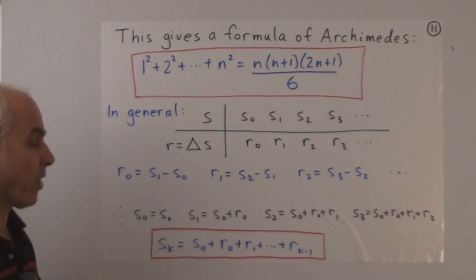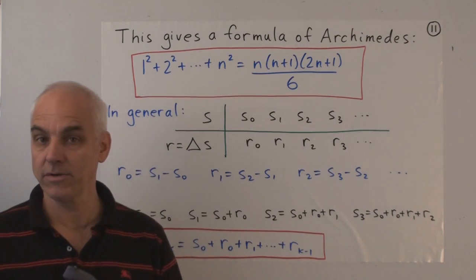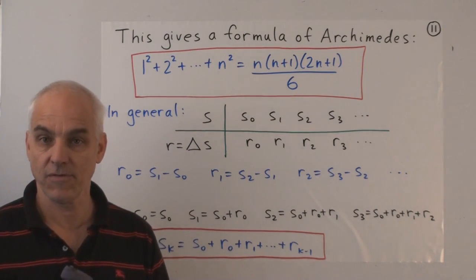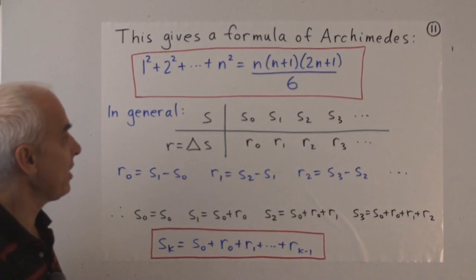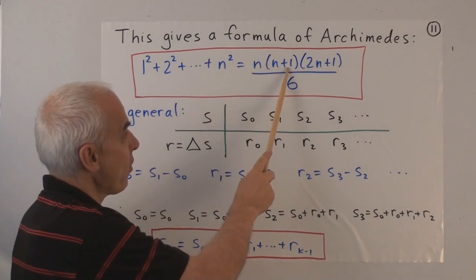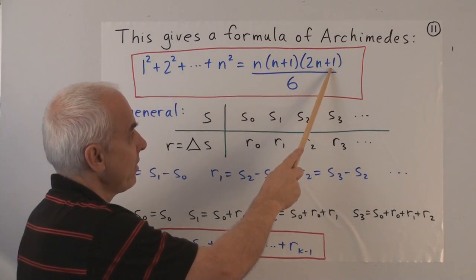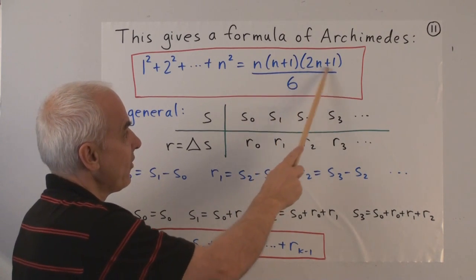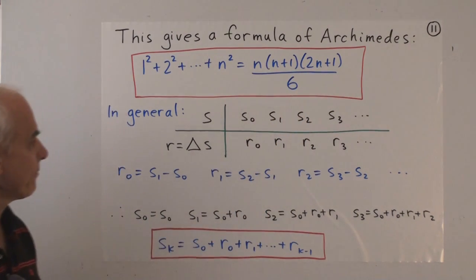So for example, 1 squared plus 2 squared plus 3 squared, which is 14. When n is 3, you have 3 here, 4, 7. So 2 times 7 is 14.